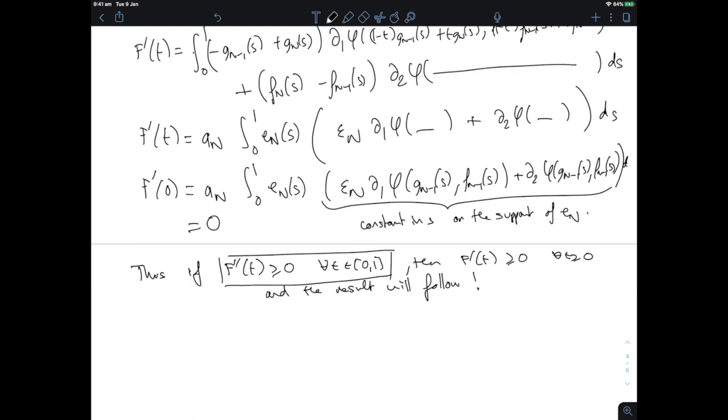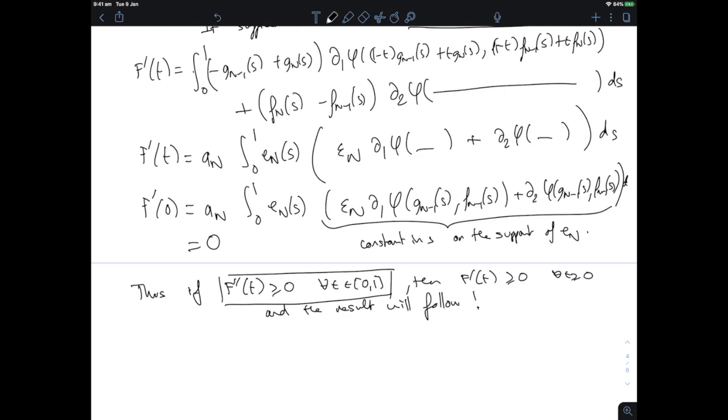Well, let's compute f second. Now, computing f second is going to be a really great idea because f prime still had this sign epsilon_n coming in, but this is going to come twice into the computation of f second, and so this sign business will essentially disappear. So when I compute the second derivative, I still have my a_n here, and then I start differentiating, and so for the first term, I'm going to get epsilon squared e_n(s) squared times d1 squared of phi, of still the entire expression inside the phi.